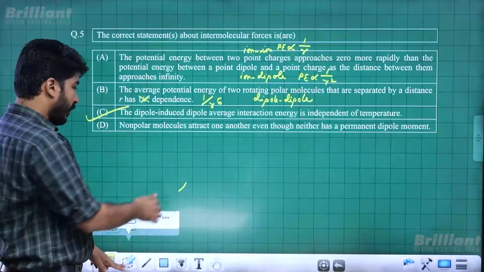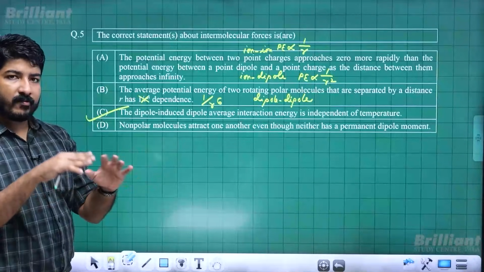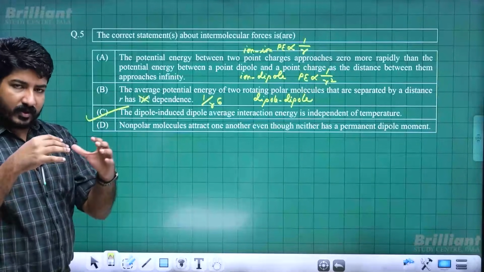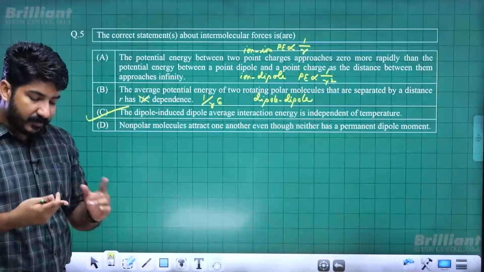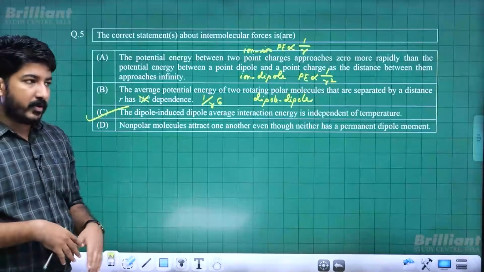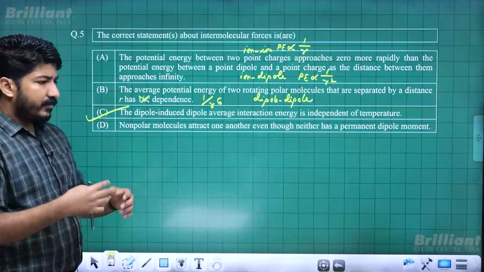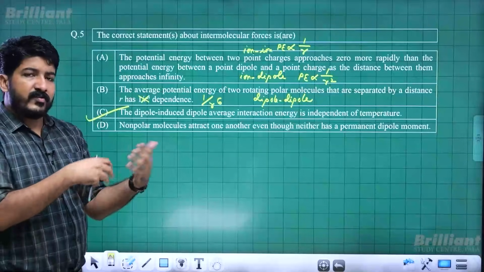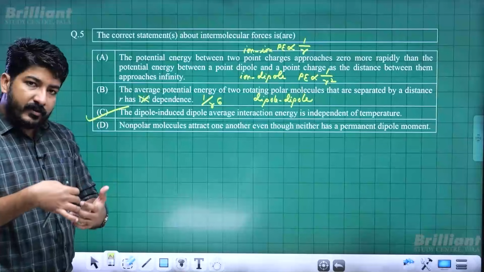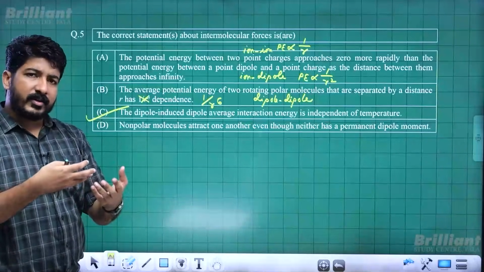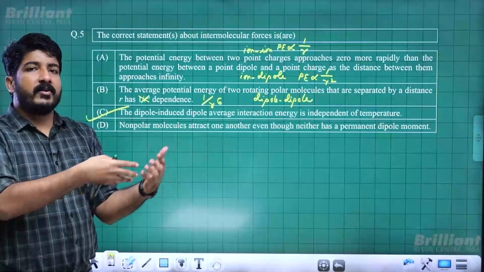There could be a momentary generation of a dipole in one of the molecules due to electron displacements within the molecule. Electrons are moving here and there. If we imagine it as a particle, it moves through the molecular orbital, which is spread over the entire molecule, and therefore at some instant there can be an instantaneous dipole generation in one nonpolar molecule, and due to that, a neighboring molecule may get an induced dipole also.